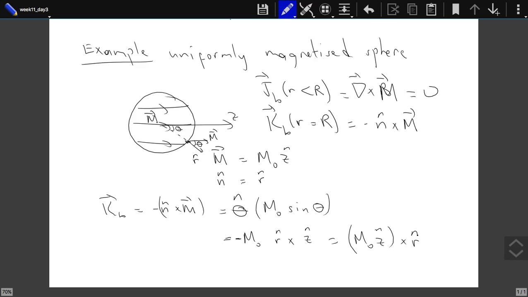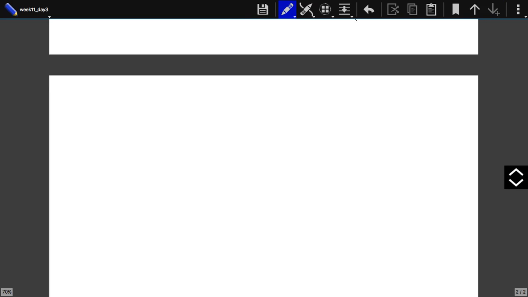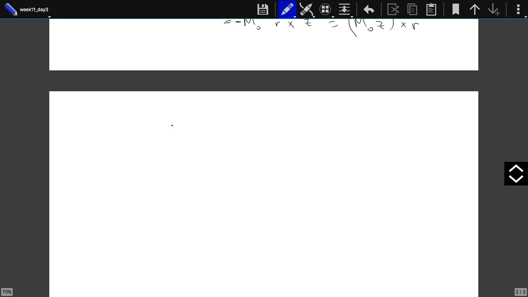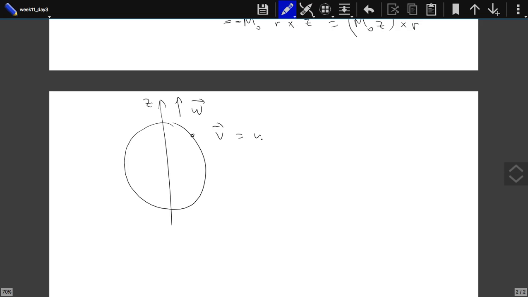Well, does this ring any bells? This surface current density? So at this point, the velocity vector was omega cross r.